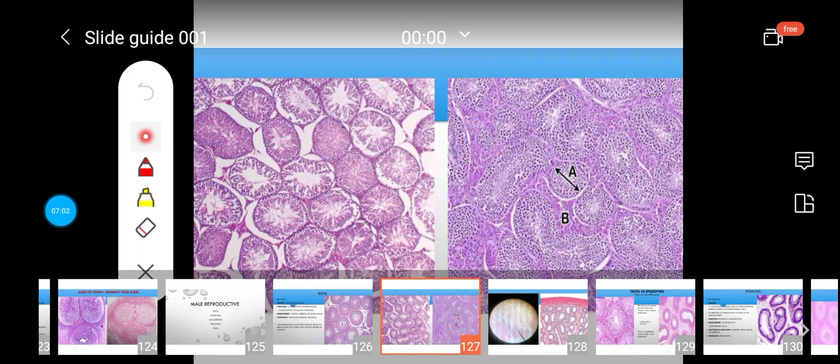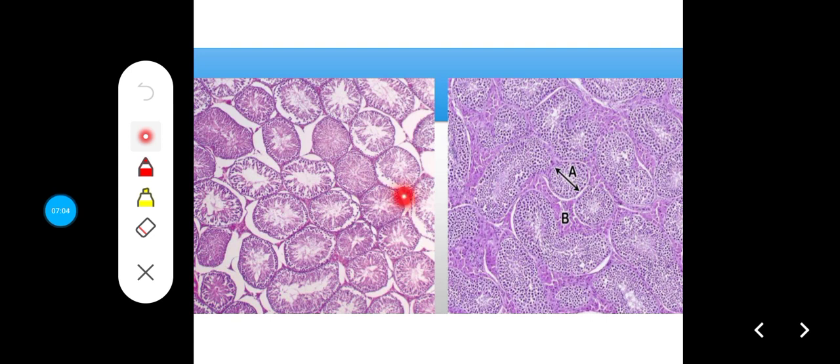The same thing can be said of here. These are the seminiferous tubules, so many of them in cross section. You can also appreciate the basic features we've mentioned before: the different layers of cells at varying levels of development, and how obscured the lumen is.